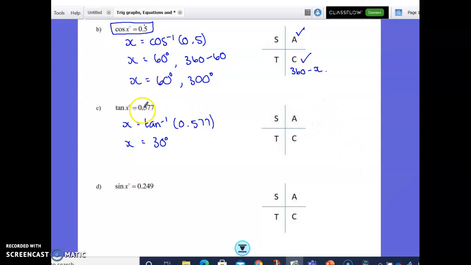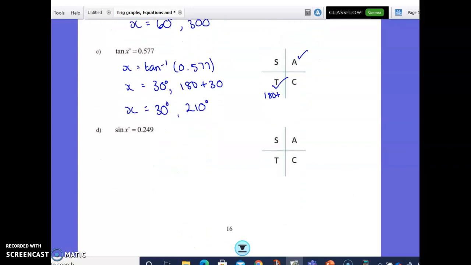Okay, it's tan and it's positive. 0.577 is bigger than 0. Tan is positive in here because they're all positive in here. That's always where I get my calculator answer from. And in here, I need to do 180 plus. 180 plus 30 gives me 2 answers, 30 degrees and 210 degrees.